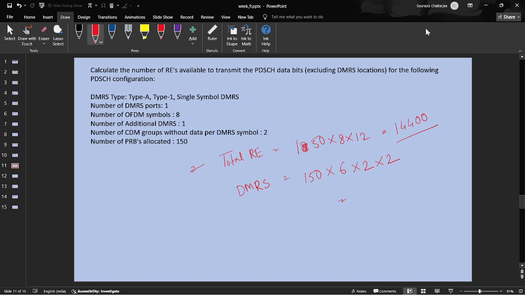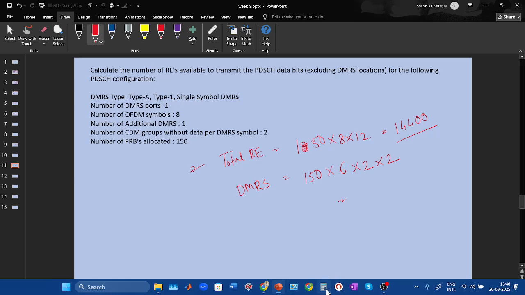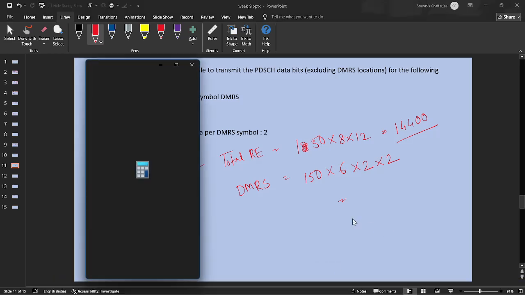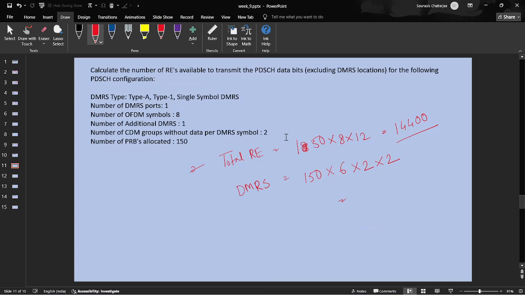So okay, we are supposed to compute the number of resources reserved for DMRS here. So that is 150 times 4, that is 600, times 6, 3600.